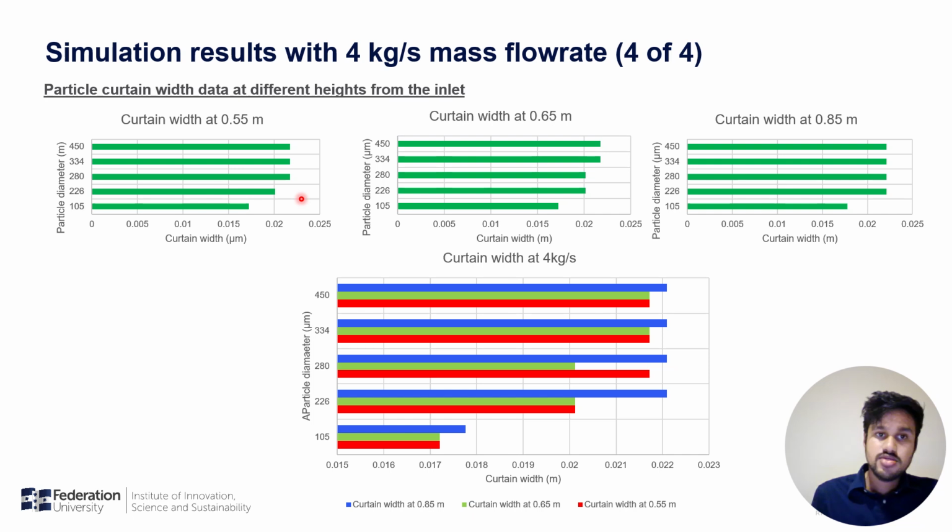As I mentioned previously, you can see how the width difference is reduced compared to slower mass flow rates. The graphs also present this scenario and show how the particle curtain width varies with respect to each particle diameter at each height level.